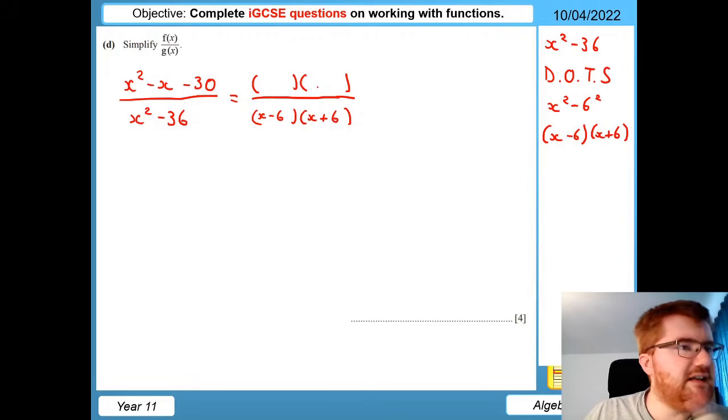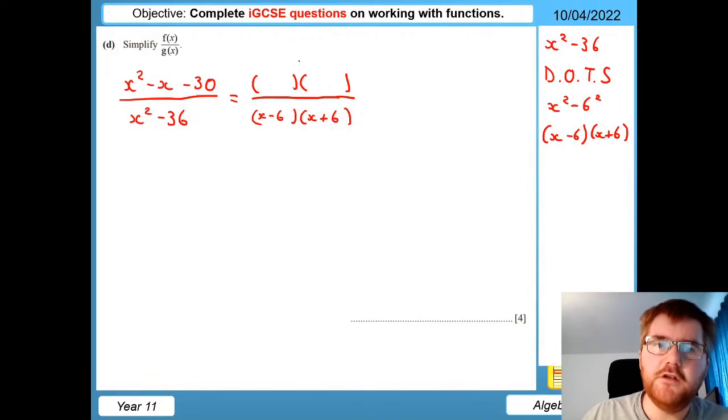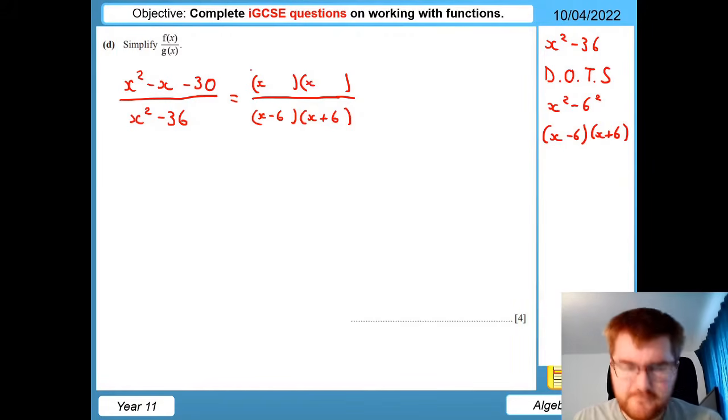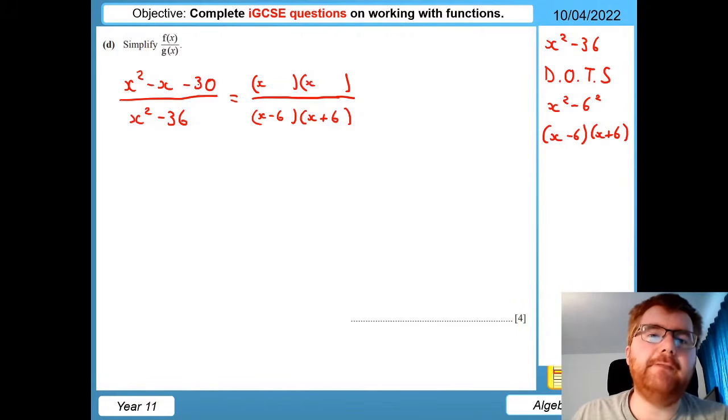Now you can be kind of sneaky with these questions, because if anything is going to simplify, you know there needs to be an x minus 6 or an x plus 6 up here, so we can cancel later on. We know there's an x at the start, and what we need to do is factorize the top. So we need two numbers that multiply to give us minus 30, but add to give us minus 1.